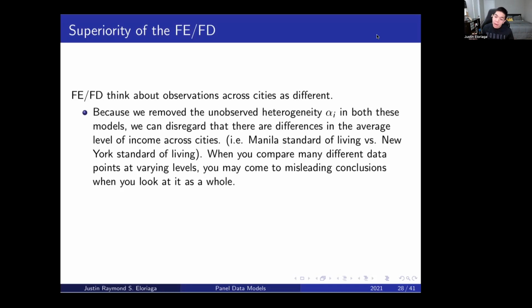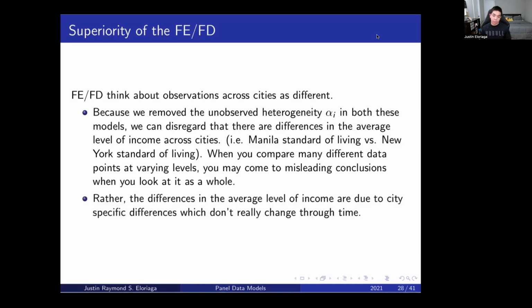So when you compare many different data points at varying levels, you may come to misleading conclusions when you look at it as a whole. But when you look at it in parts and account for this unobserved heterogeneity, you'll be able to see it more clearly. The differences in the average level of income are due to city-specific differences, which really don't change throughout time.